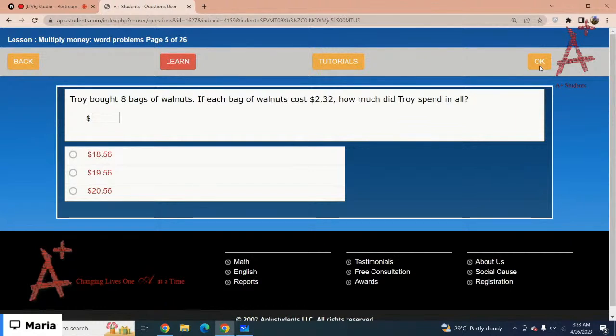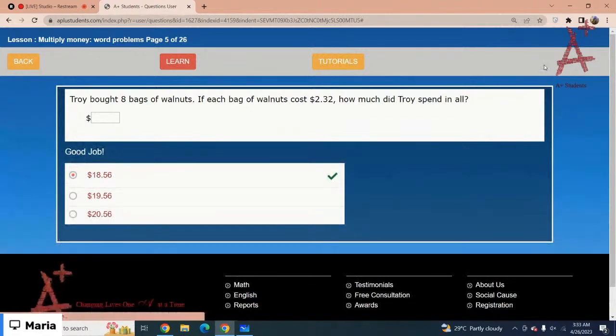So which is the correct option? 8 times 2 is 16, 8 times 3 is 24, and 1 is 25. 8 times 2 is 16, and that would be 18.56. Option number 1 is the correct option. Very good.